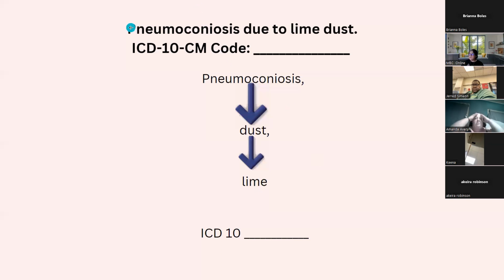And this is our main term. Pneumoconiosis. Thank you, Amanda. Say that 10 times fast. No, don't. All right, so we're going to look up our main term, which is the pneumo word.